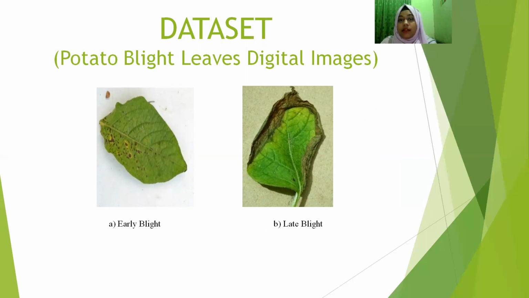On the other hand, late blight symptoms are large black spots, where the black spots can destroy the leaves within a few days. These symptoms can also happen on the crop's stems, and can even destroy whole crops of potato.